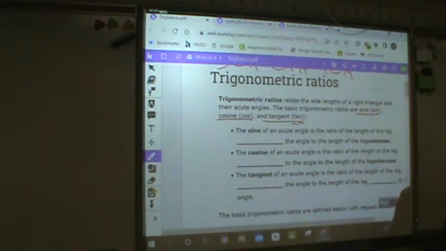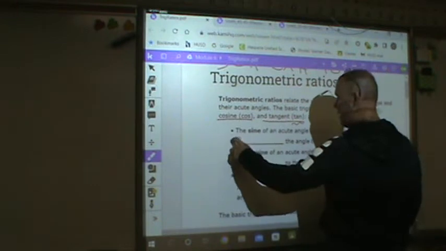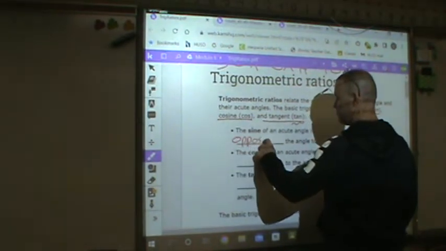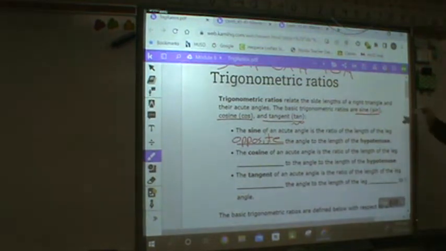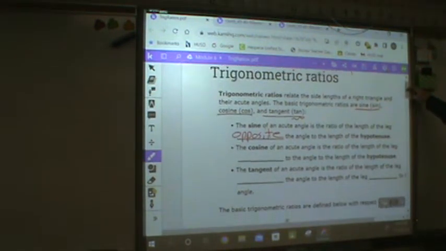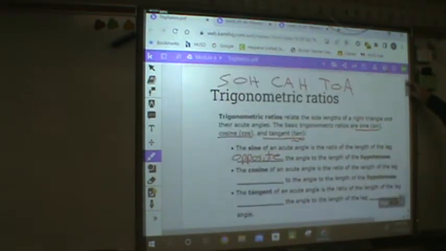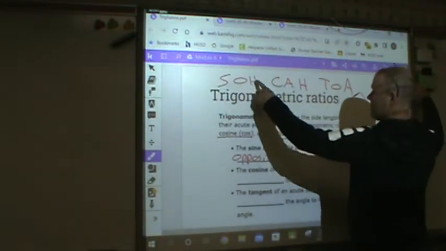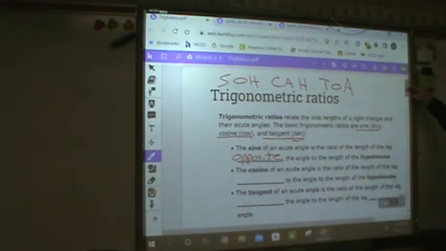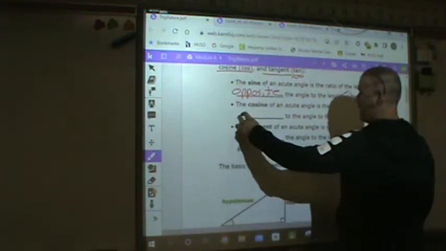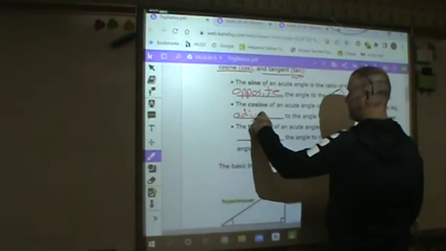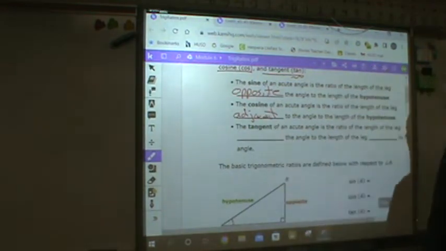The sine of an acute angle is the ratio of the length of the leg opposite the angle to the length of the hypotenuse. So opposite over hypotenuse, hence the sine. The cosine of an acute angle is the ratio of the length of the leg adjacent to the angle to the length of the hypotenuse.